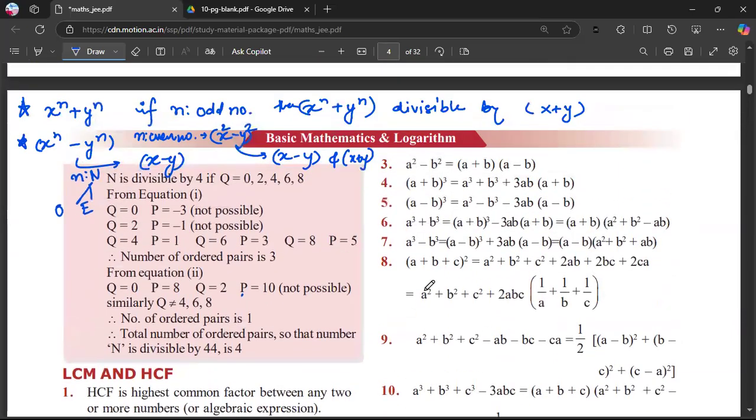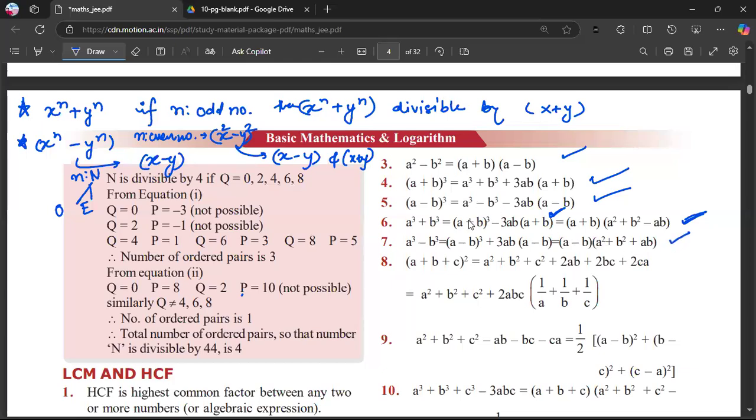Now, coming to the a square minus b square property, this is also very important. Every property is important here. So (a plus b) cube, (a minus b) cube, a cube plus b cube. This one is more important. Both are important.